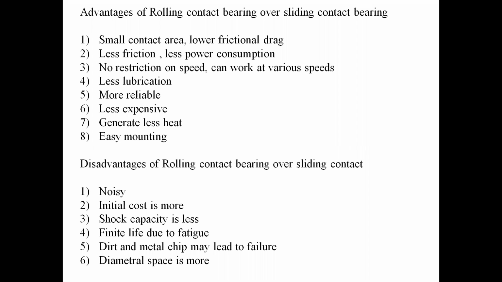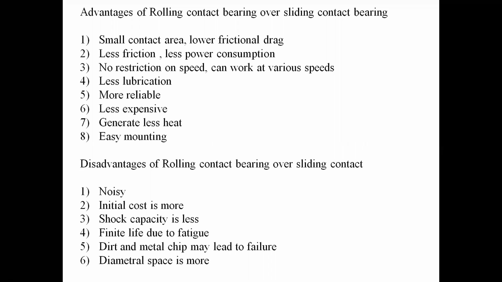The roller is always in compression or in release. So there is reversible loading on these balls or rollers. So finite life is there because of fatigue failure. If there is a dirt or metal chip inserted inside, maybe inserted inside this roller or ball, it directly damages the part.